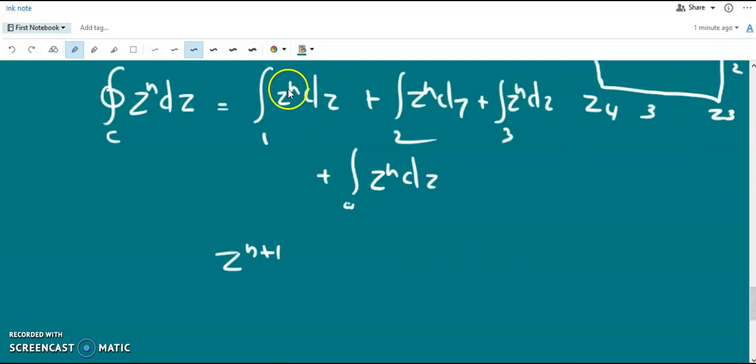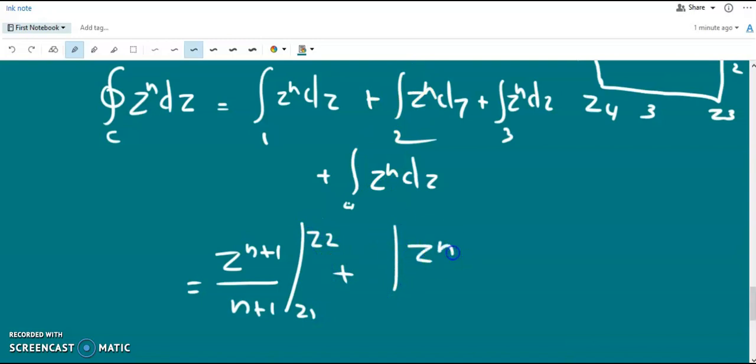So integral z to the power n dz is z to the power n plus 1 divided by n plus 1, starting from the point z1 to the point z2, and this integral is again z to the power n plus 1 divided by n plus 1, applying the limits from z2 to z3.